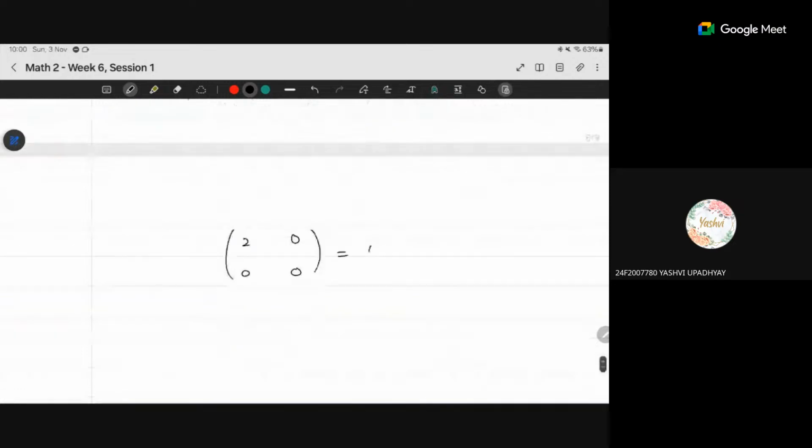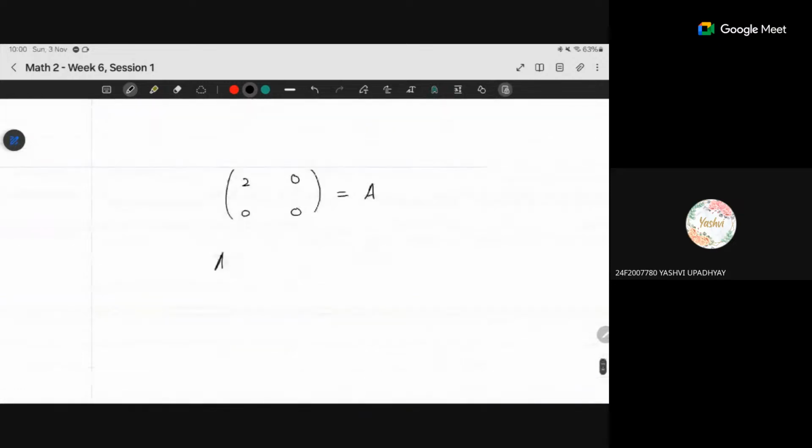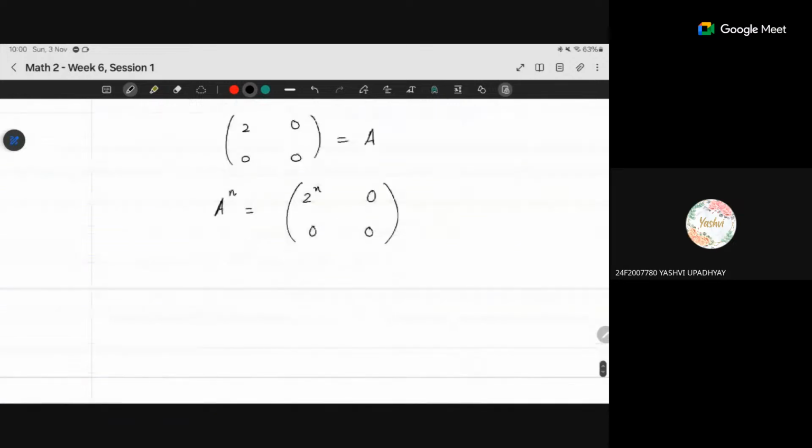Now, if this is your A, then you can see that A to the power n is [[2^n, 0], [0, 0]]. So if you use this matrix to represent your linear transformation, you can get an order of convergence. In this case, it doesn't even converge. This diverges, right? 2 to the power n diverges as n becomes larger.